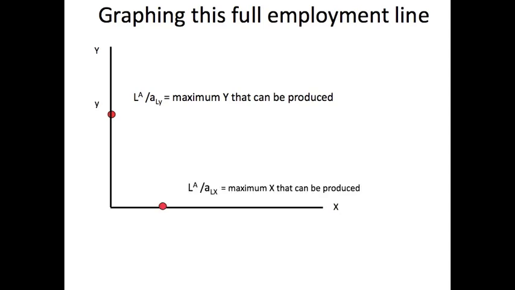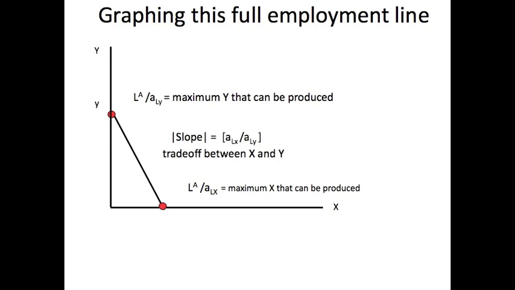An analogous calculation gives us the total amount of X that could be produced if you produce no Y and only X. Of course, different combinations can be produced as well, not focusing only on one good or the other. Some combination could be produced, and that is given by this straight line, which is the PPF.